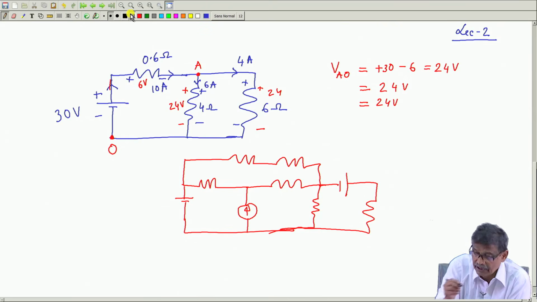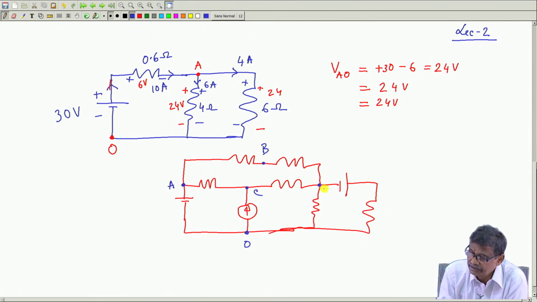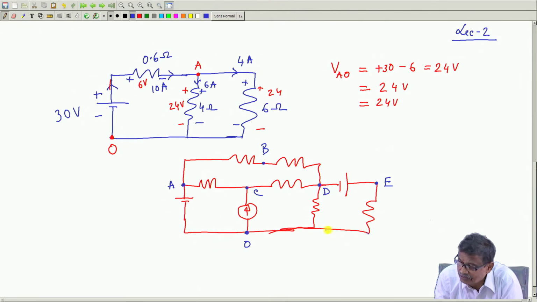For example, you say this point is A, this point is suppose O, this point is B, this point is C, this point is D, this point is suppose E. This O point is all O, this is also O, because no element exists here.